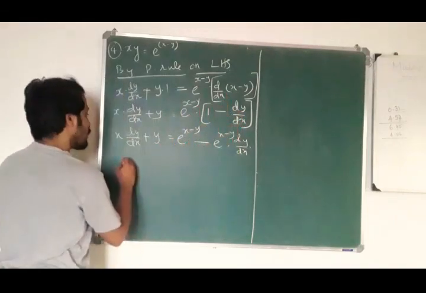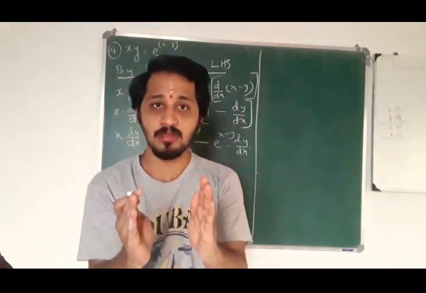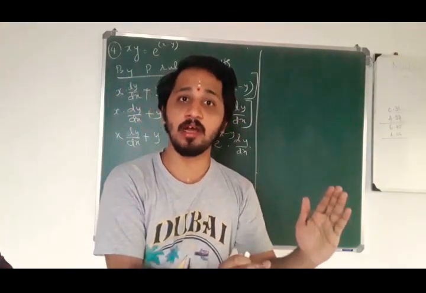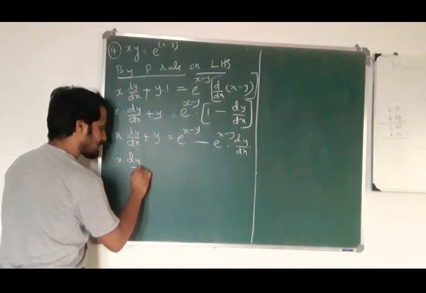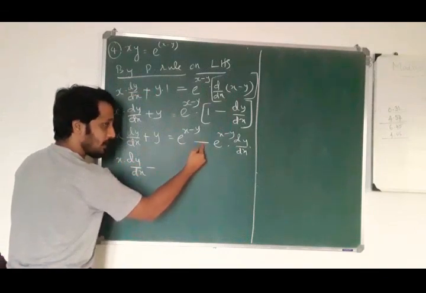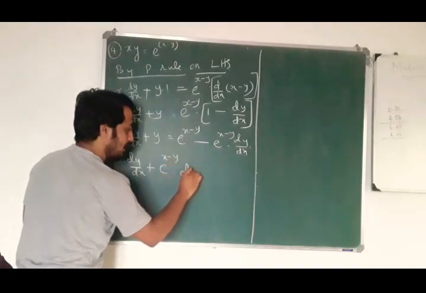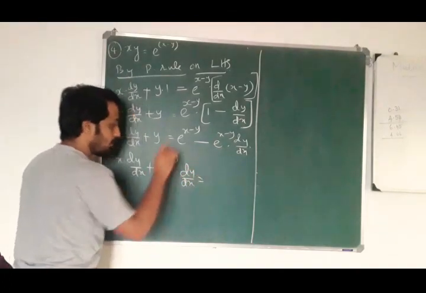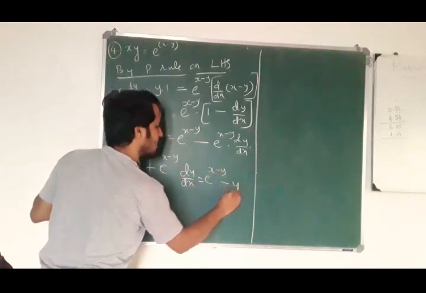Yes or no? So I am going to write dy by dx terms on one side, remaining terms on the other side. So x into dy by dx, and moving this term from the other side, this will become plus e power x minus y into dy by dx, is equal to e power x minus y minus y.